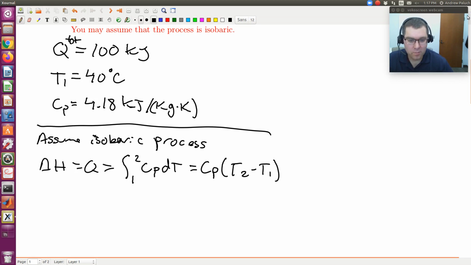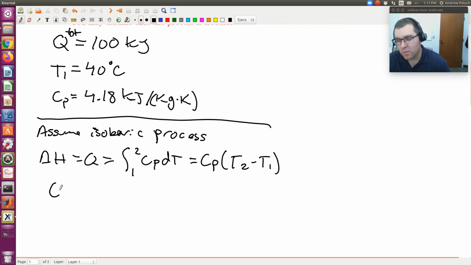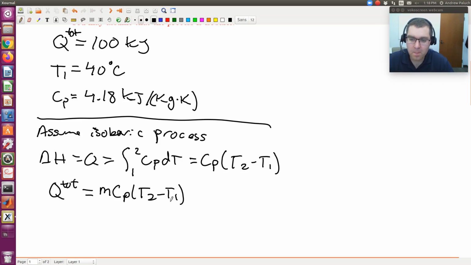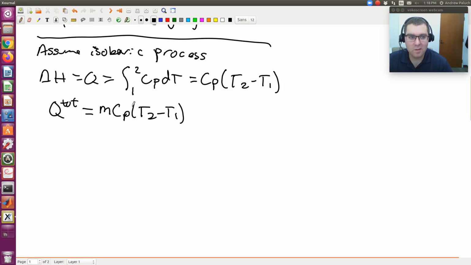Now in this problem, though, we're looking at extensive Q. So we're going to have that Q total, which is known, is equal to m times q, which is equal to m times Cp times T2 minus T1, where my total heat added is known. So my first question is, can I solve for T2, my final temperature? And I can. So let me expand. This would be m Cp T2 minus m Cp T1.